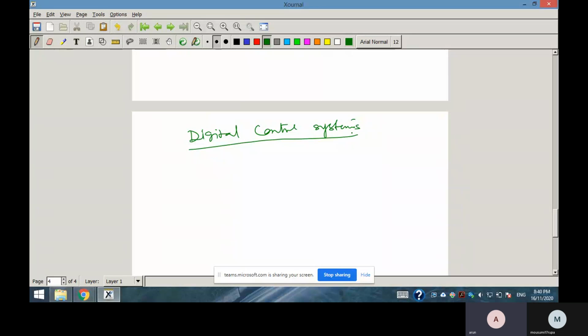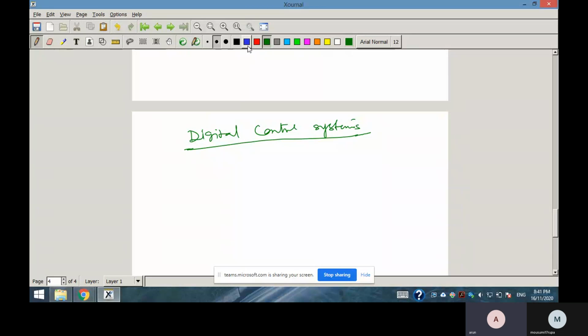All these things we should know. So that's why in this chapter I'll consider the digital control system. It is a vast topic, but whatever preliminary things are necessary to understand it, I will cover.